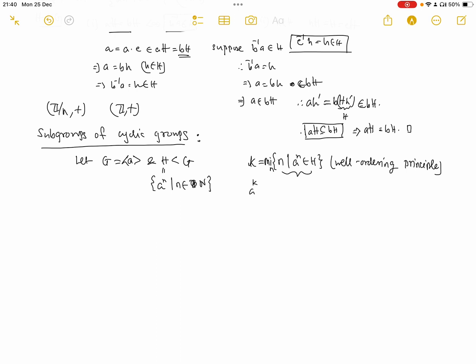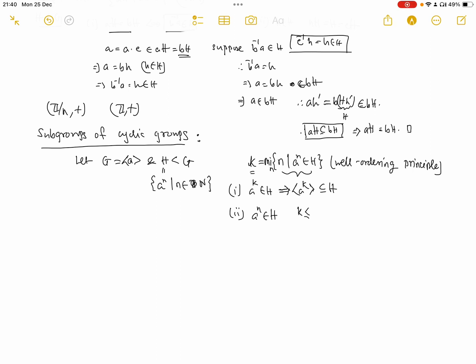So firstly, A power K is in H, right? That is by definition, because K is the minimum of such. So you get that the cyclic group generated by A power K is in H. That is by the definition of a subgroup. So there is one. And the second thing to observe is that if you pick any other element, it will look like A power n.